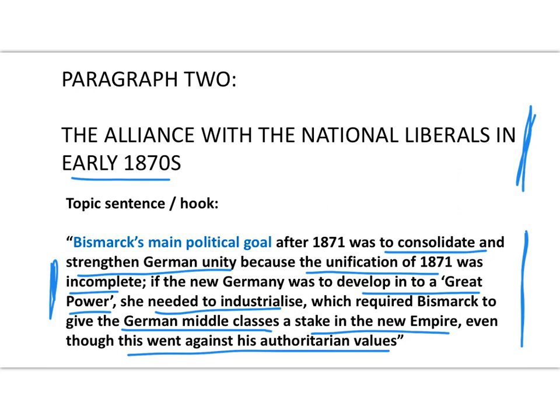Germany can't just stand still, it's got to industrialise, and to industrialise you can't just have the upper classes running the country. You've got to create an illusion that the middle classes have got a stake in the empire and get them to buy into the new empire. So therefore it's an illusion of democracy. So you've got to develop that point.